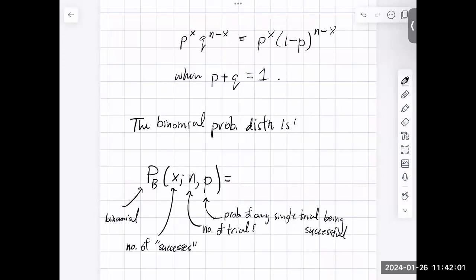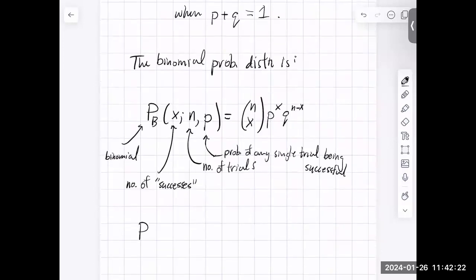Okay, and so what this is going to be equal to is our prefactor of N choose X, and then the probability of getting X successes and N minus X failures.